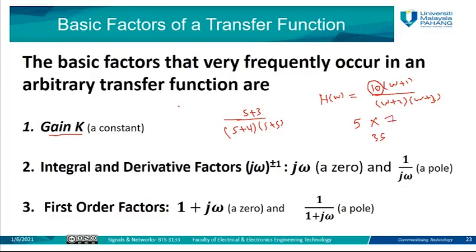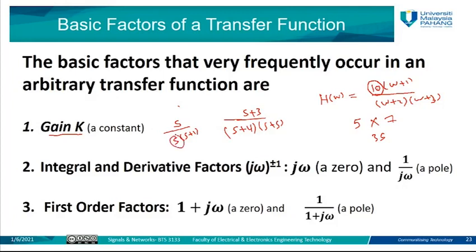The second is the integral and derivative factors. When we say integral and derivative factors, we are talking about zeros or poles at the origin. That means I have this element s, or this element s plus 1.